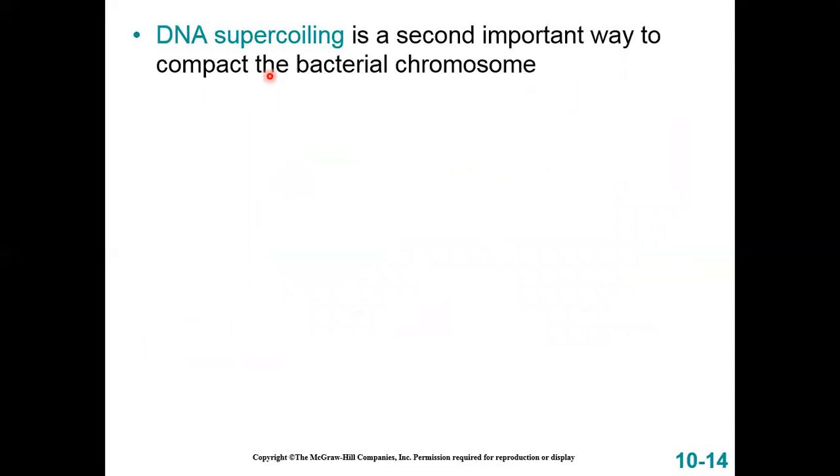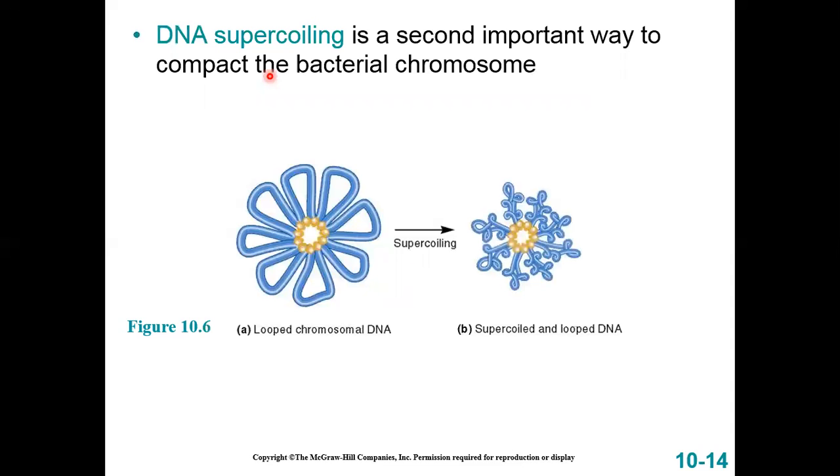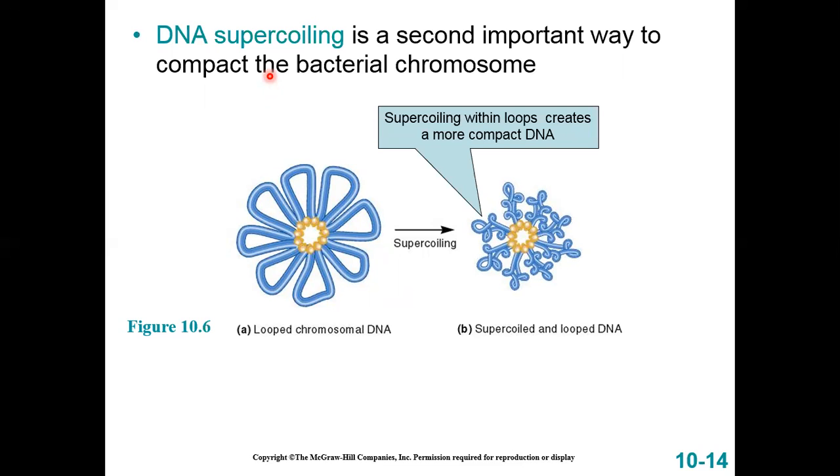DNA supercoiling is the second important way to compact the bacterial chromosome. After making the looped chromosome, the supercoiled and looped DNA is formed. The supercoiling within the loops creates a more compact DNA.